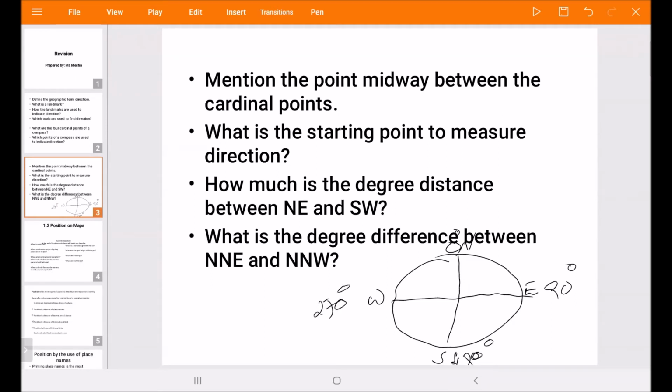So all the points or directions have their own degrees, which is what you call angular bearing. When the points are given their own degrees, we call it angular bearing.